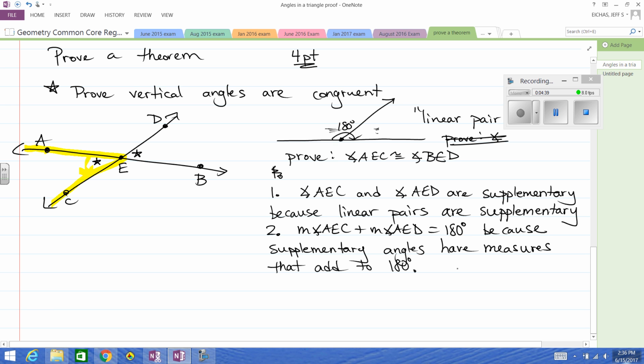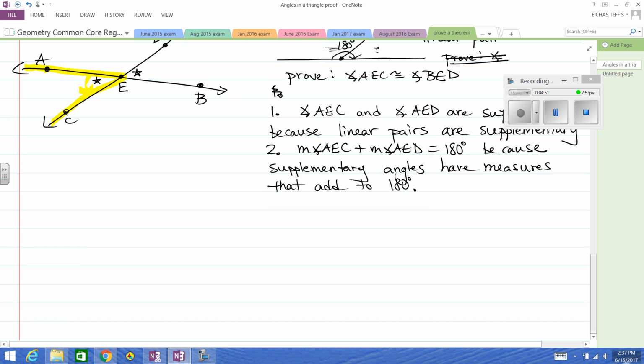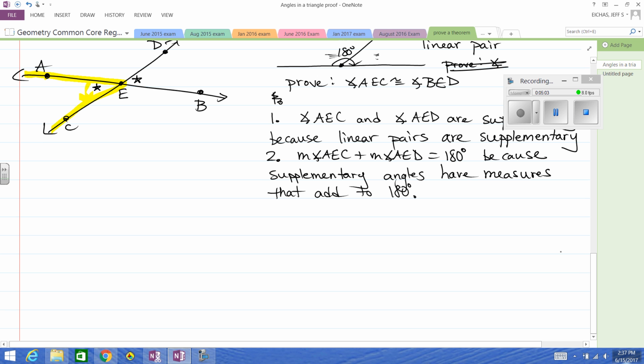Now, I'll explain that. The little m in front means measure of. So it's the measure of angle AEC and the measure of angle AED. Really, we should speak of their measures adding to 180, not the angles themselves. Angles are a geometry figure. Their measures are what could be adding to 180 degrees.